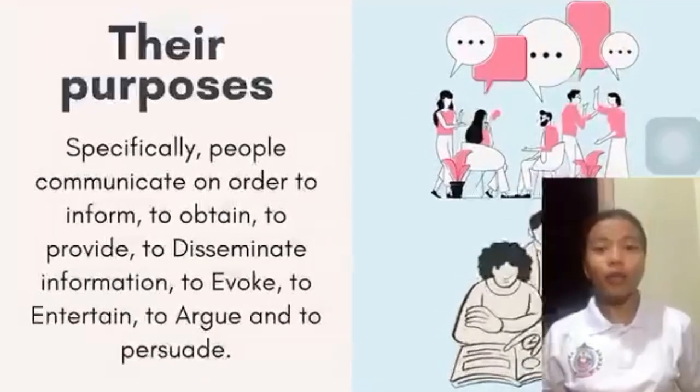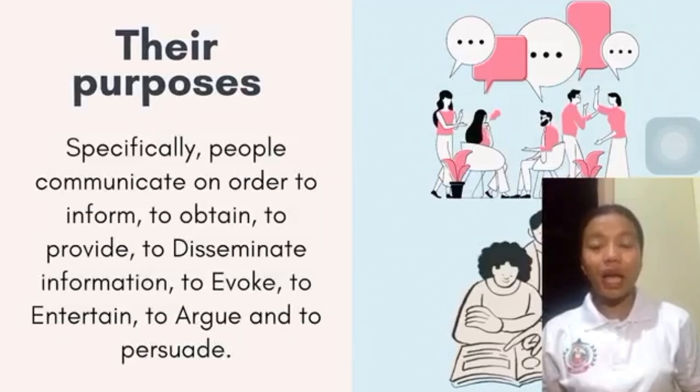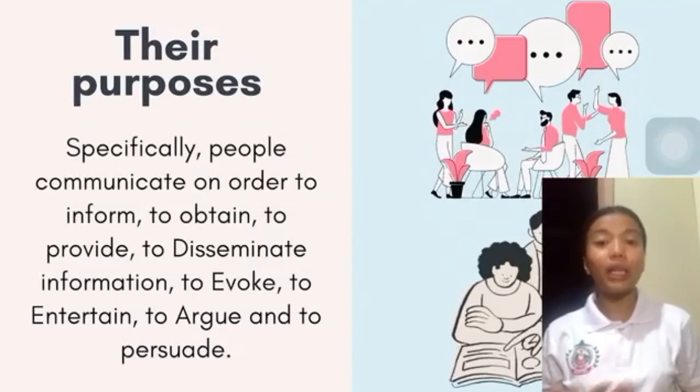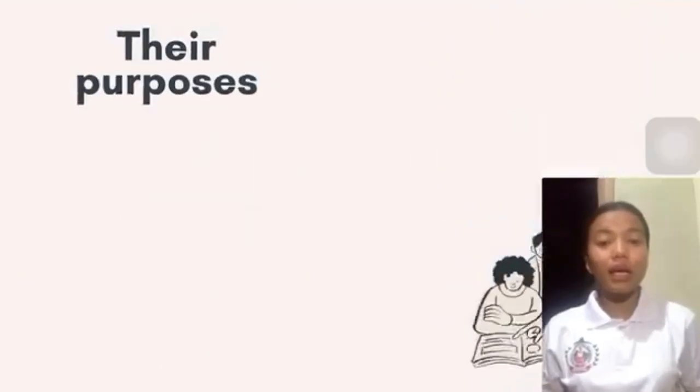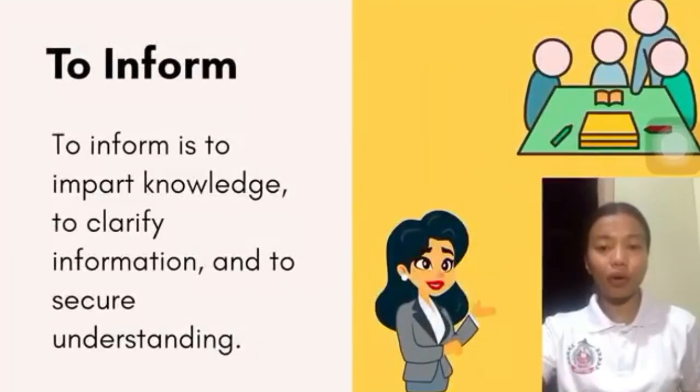So there are eight purposes why people communicate. Specifically, people communicate in order to inform, to obtain, to provide, to disseminate, to evoke, to entertain, to argue, and to persuade. First, let's tackle to inform.